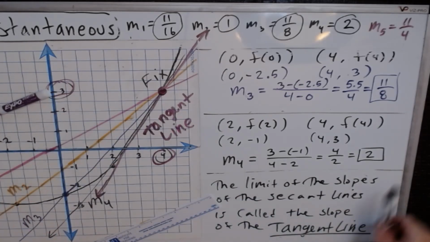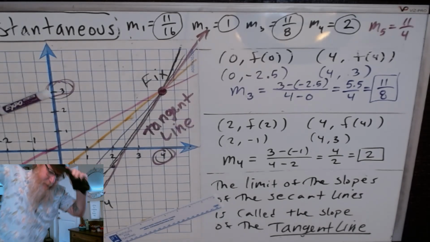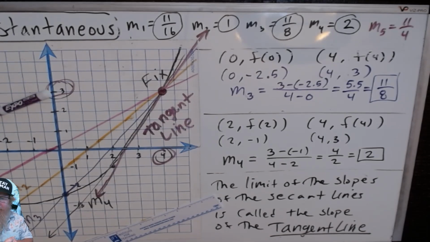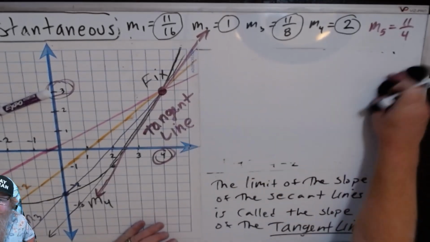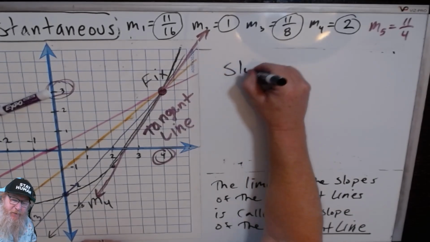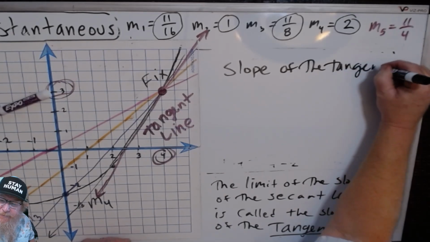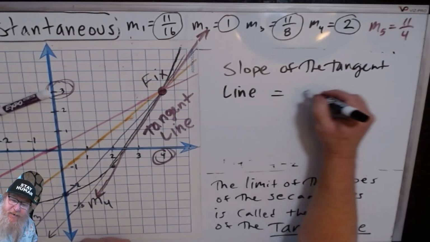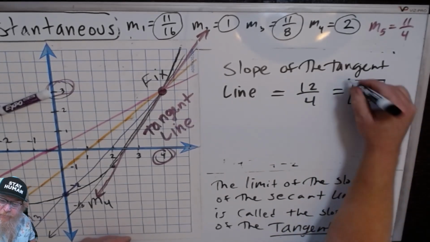And so I'm predicting that the slope of the tangent line is equal to 12/4, which is 3.